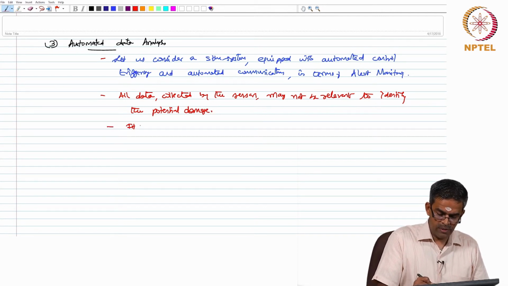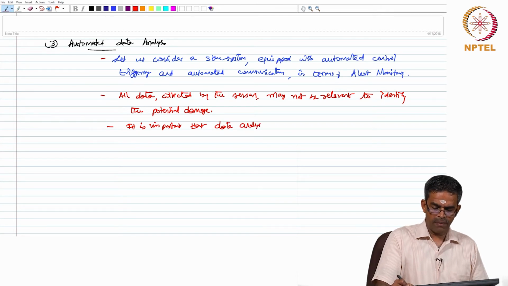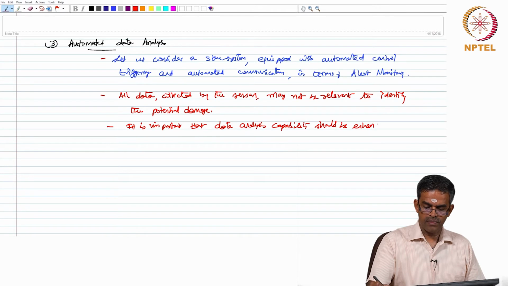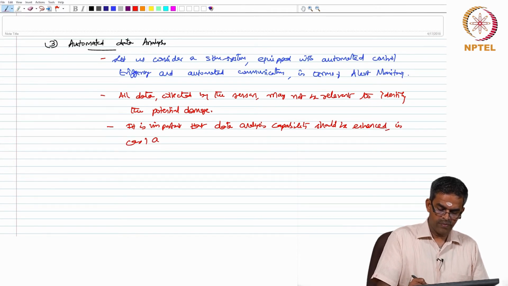Therefore, it is important that data analysis capability should be enhanced in case of automated data analysis.